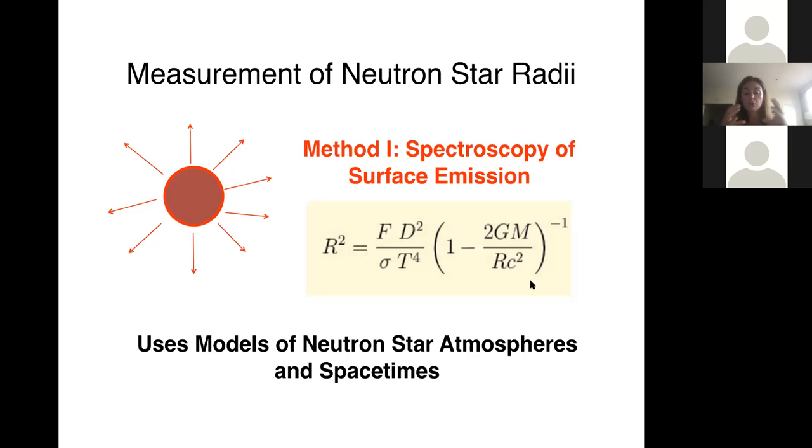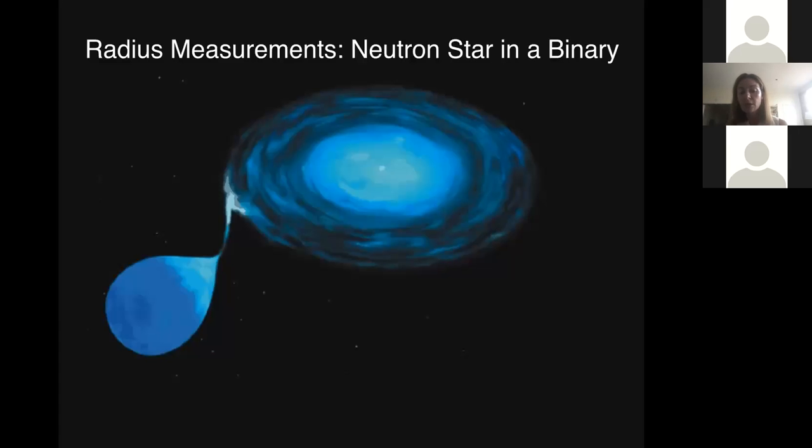So you take the surface of the star, build a model for its atmosphere, calculate its space-time as a function of spin, quadrupole moment, etc., and effectively use that to measure the emitting area of the surface.